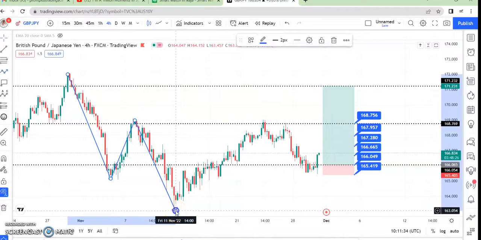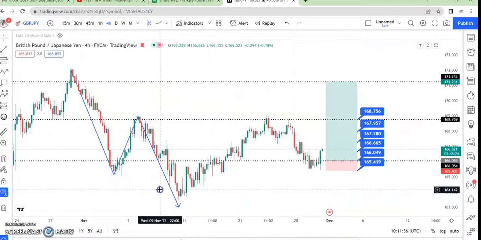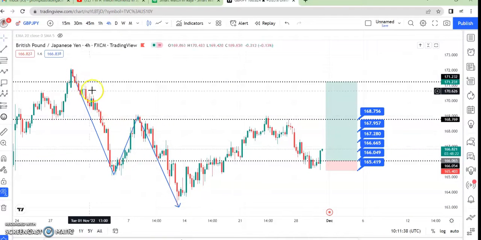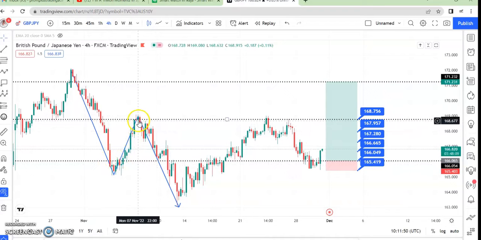I'll explain what actually happened here. Price moved from this level of resistance, penetrated the previous level of support, broke it, got to this level of support, and then it held, and pulled back to this level, which previously was support and now has become a resistance.